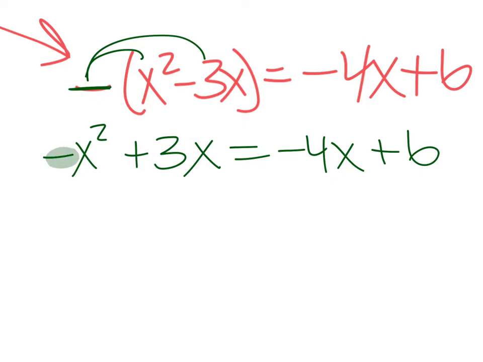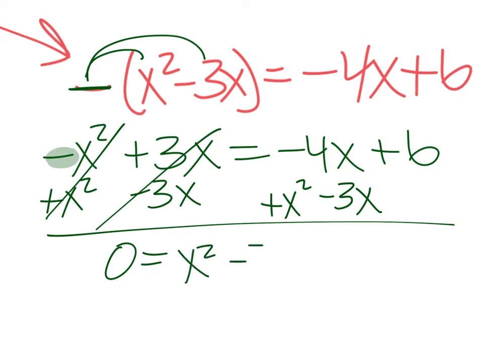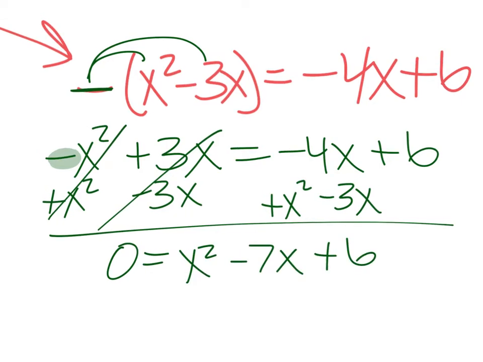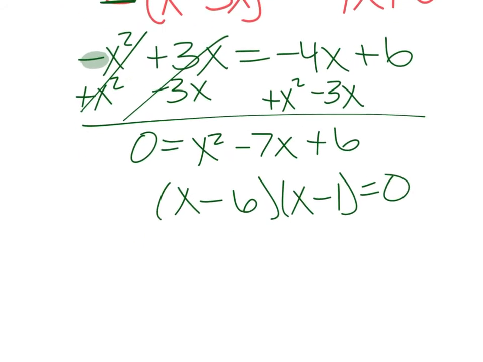I don't want negative. So let's go ahead and move from left to right this time. So add x squared and then subtract the 3x. We don't normally go in that direction, but I want that x squared to be positive. So our 0 will be first, and then we'll have x squared minus 7x plus 6. And again, nicely, this one factors to get our two answers.